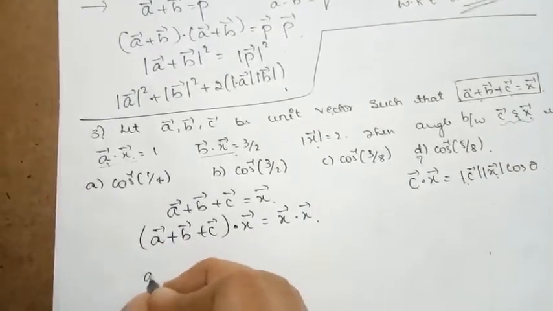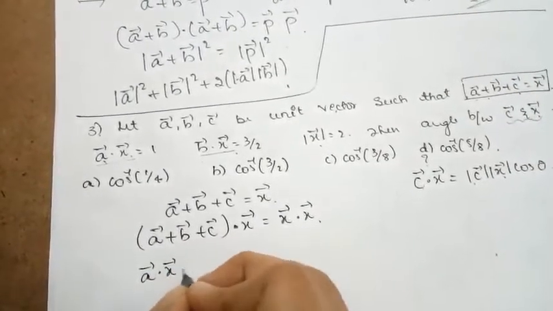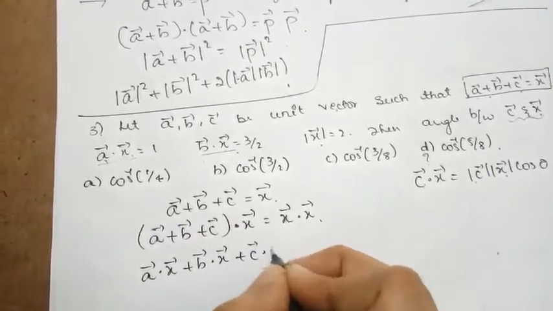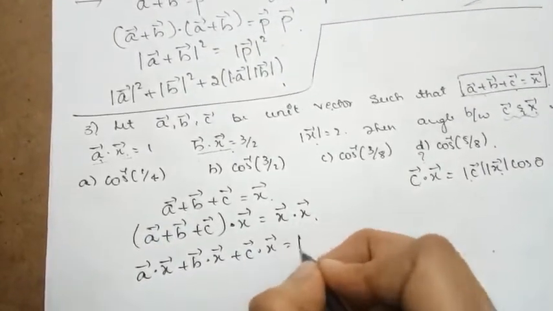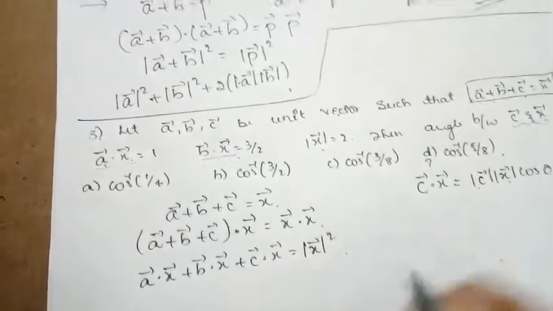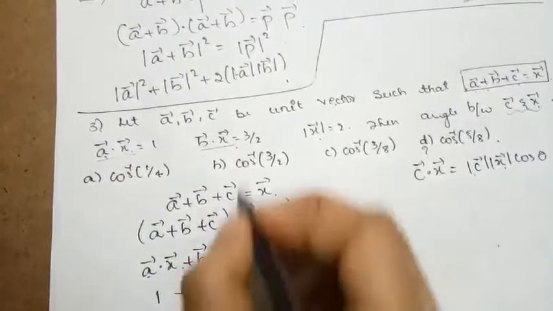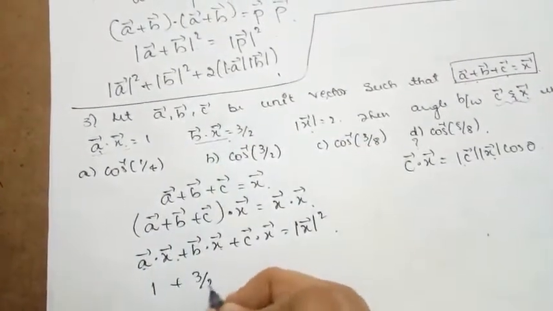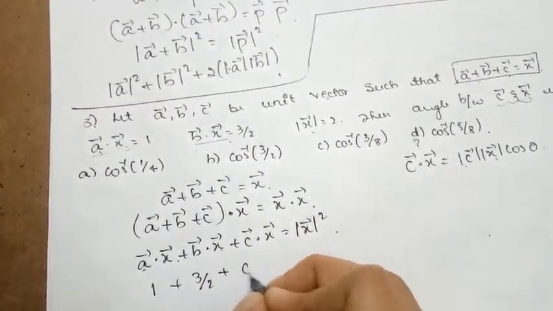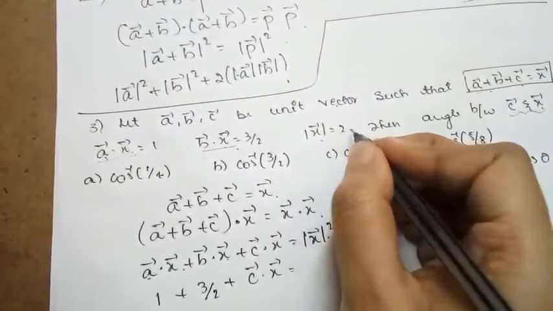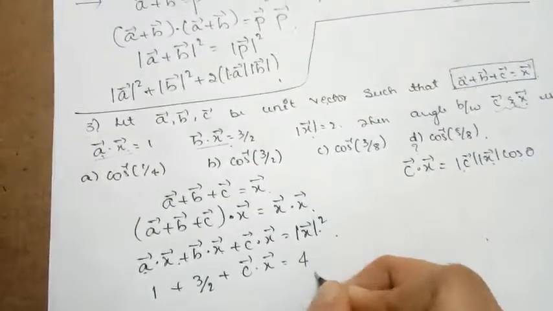So what is this? It is nothing but vector A dot vector x plus vector B dot vector x plus vector C dot vector x, and this is nothing but magnitude of vector x square. What is vector A dot vector x? 1. What is vector B dot vector x? It is 3 by 2. This is what we require, vector C dot vector x. Magnitude of vector x is 2, so 2 square means it is 4.